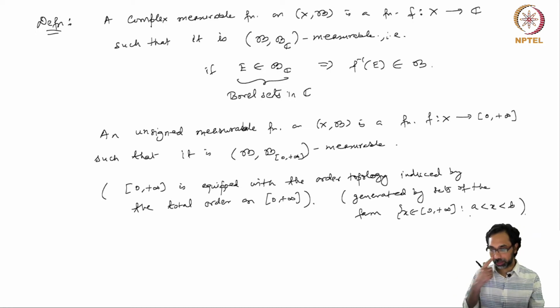Here a and b can be any real number as well as plus infinity. This gives you a subbase of the topology, and then you can generate a topology on the non-negative real line. In this way we have defined what is a complex measurable function and an unsigned measurable function.